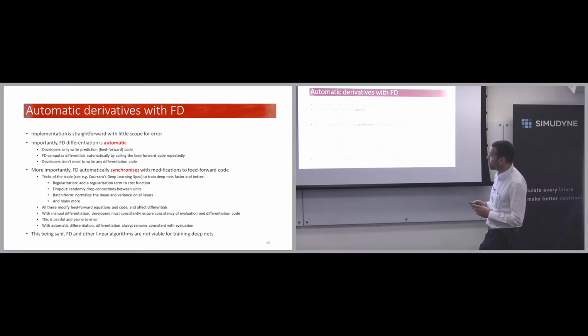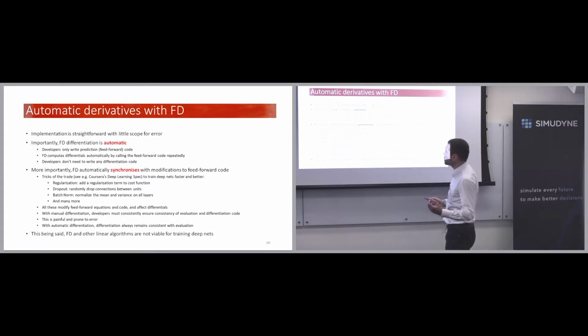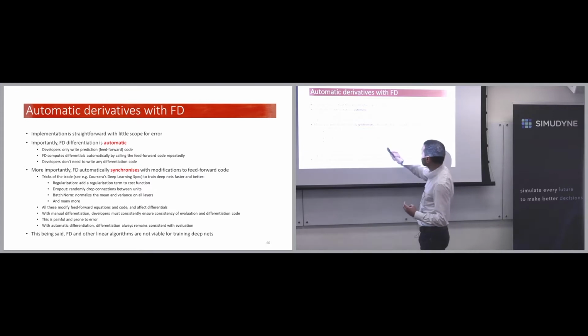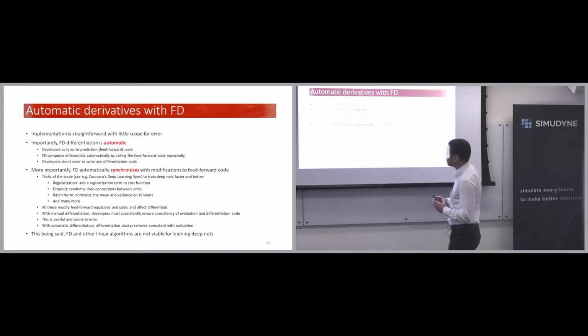Importantly, FD differentiation is completely automatic. Developers only write prediction, the feed-forward code, and FD will simply compute differentials automatically by calling this feed-forward code repeatedly. Developers don't need to write any differentiation code at all. Okay? More importantly, FD will automatically synchronize with any modification you make to the feed-forward code.